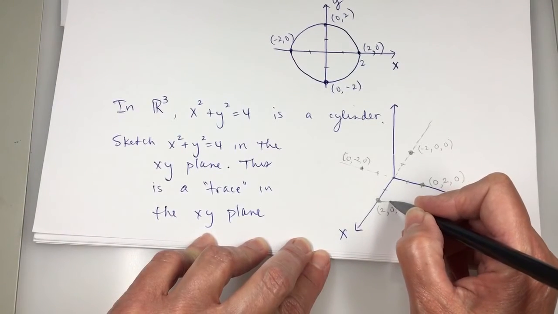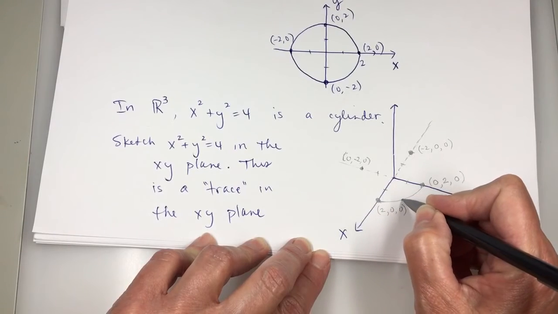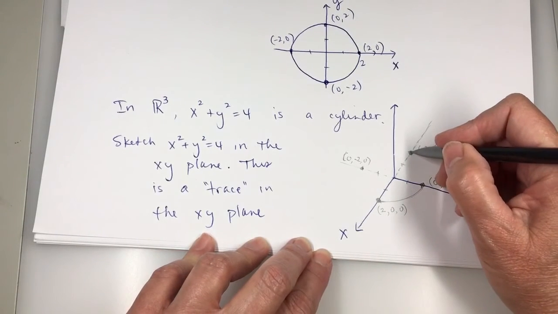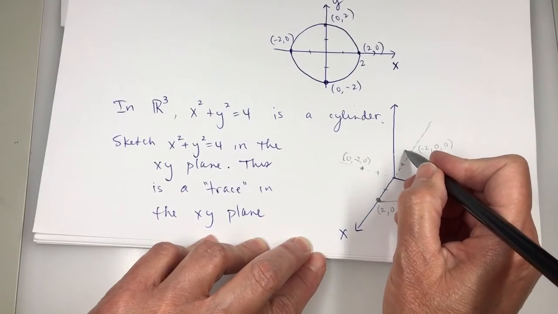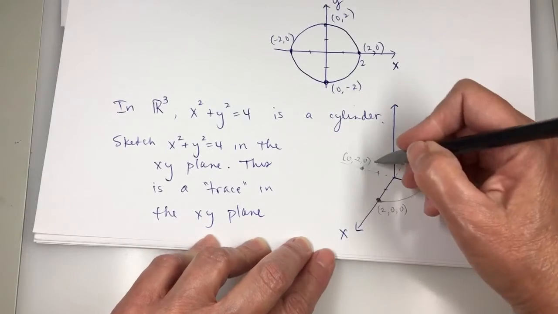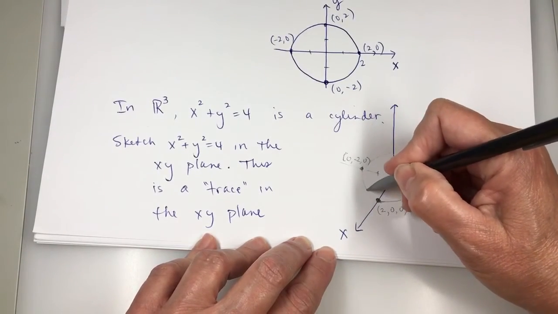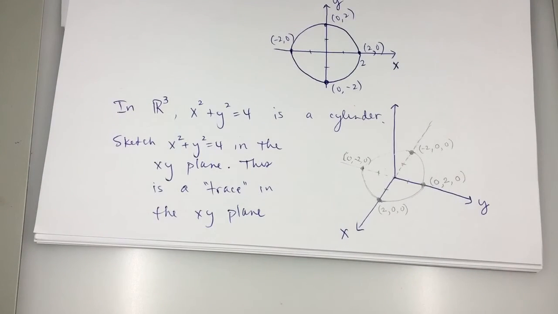I'm going to connect these 2, and then these here. This is the trace. This part in the back you probably wouldn't see if you were looking at the cylinder. So there's a trace in the XY plane.